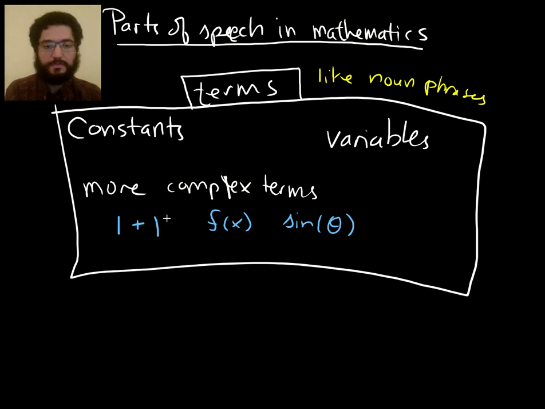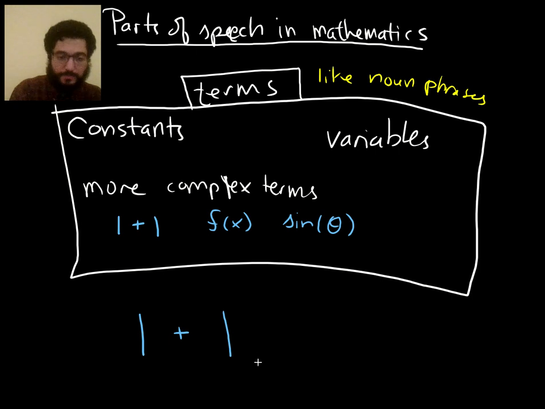So let's just break one of these down as an example. So when we look at like 1 plus 1, it's kind of like when we were looking at John hit the ball. What made that a sentence was the parts of speech of each component.